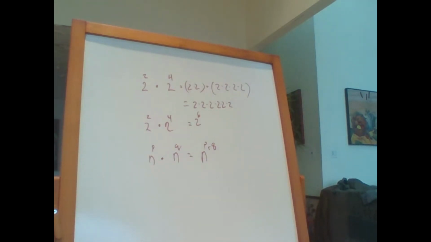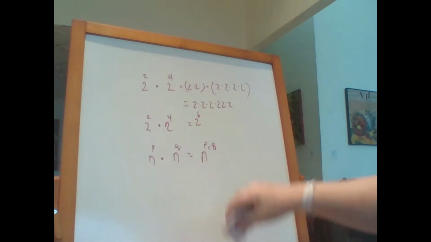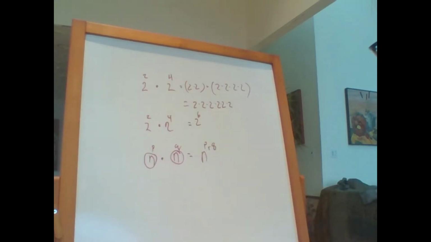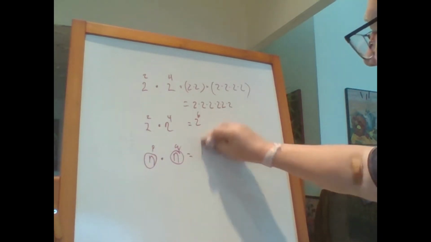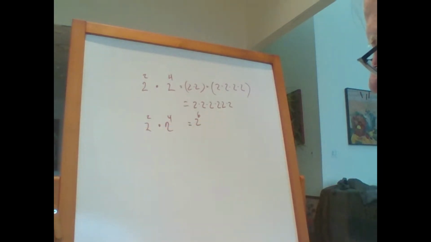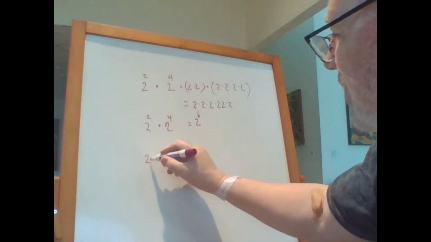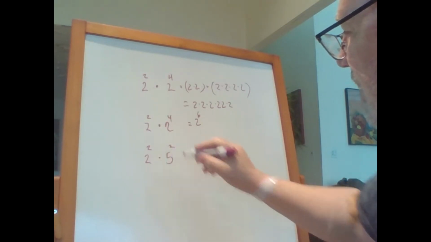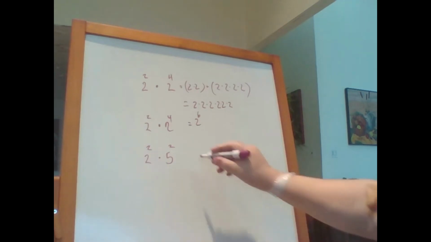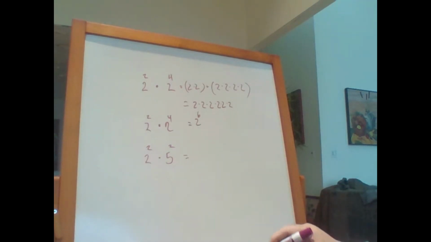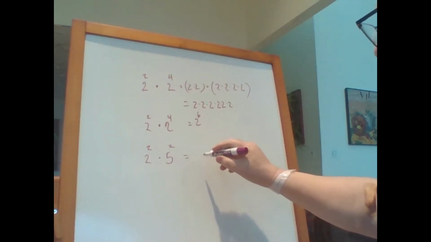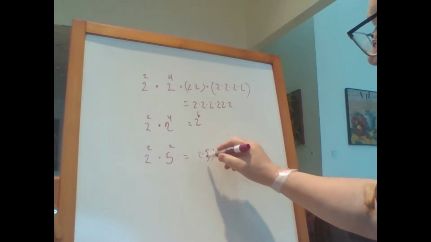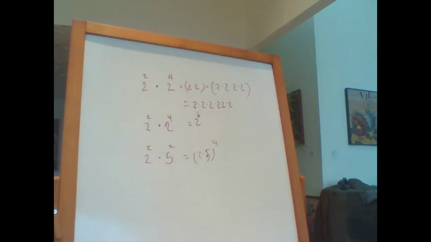So this is true for any base, but it has to be that the base is the same. If we have 2 squared times 5 squared, it's not 2 times 5 to the fourth or anything like that.